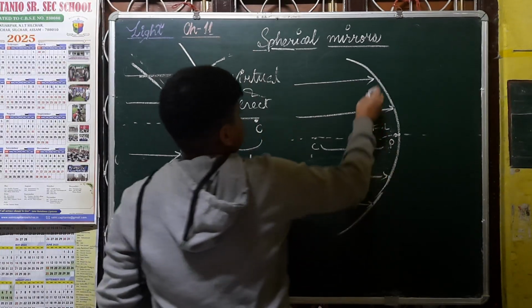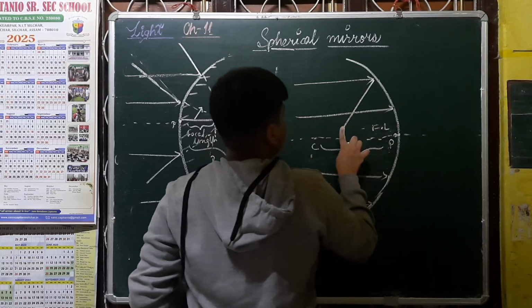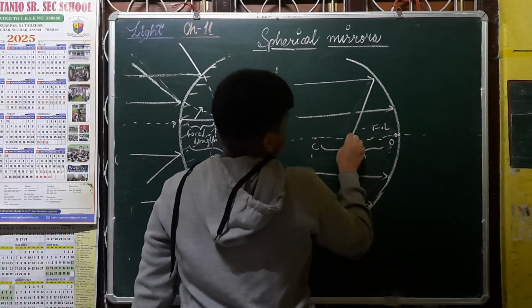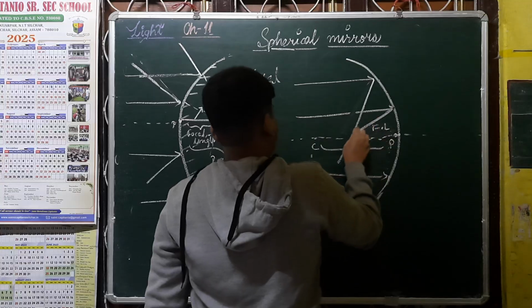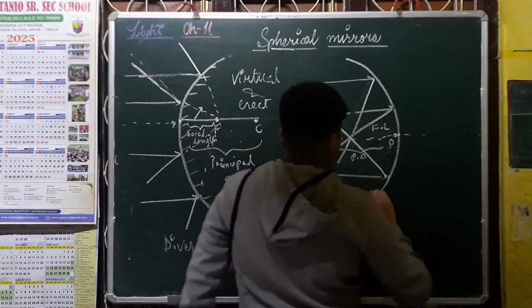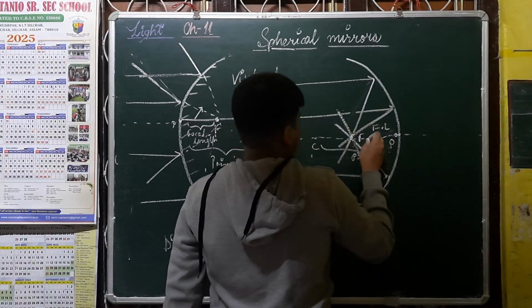The light rays after reflecting will meet at a point. Will not appear to meet, but it will really meet at a point. So the inner point is the focus.